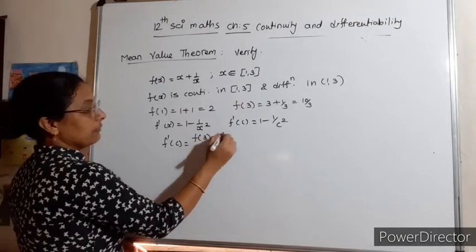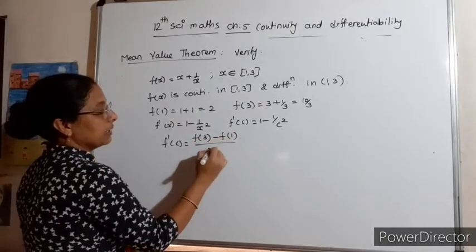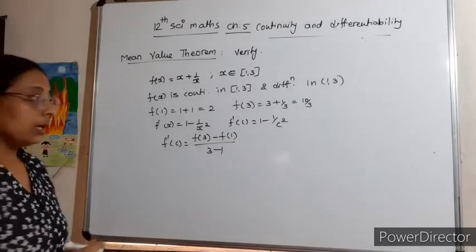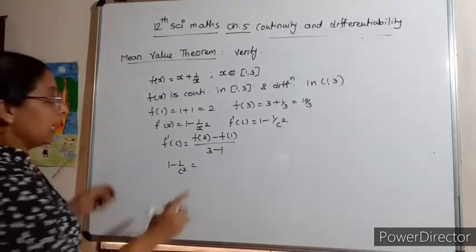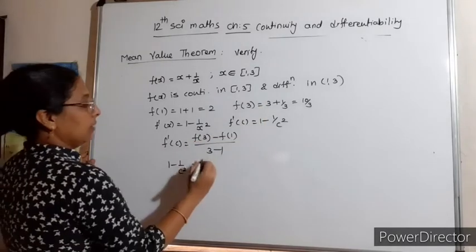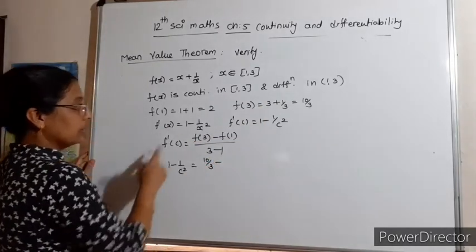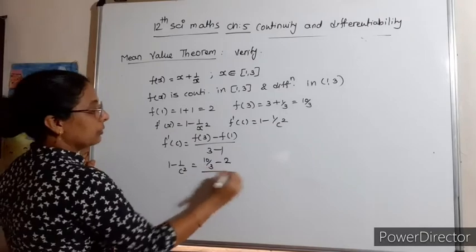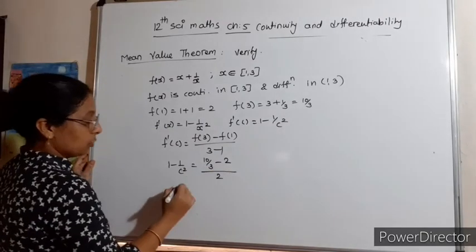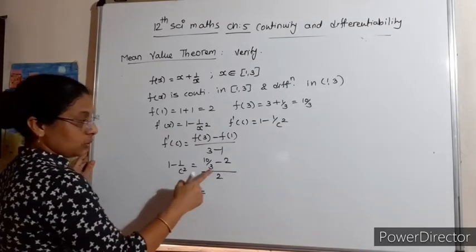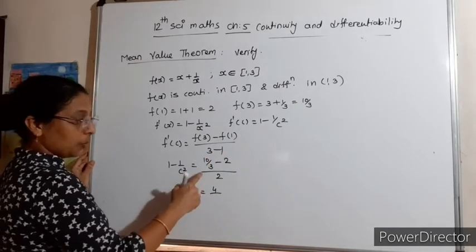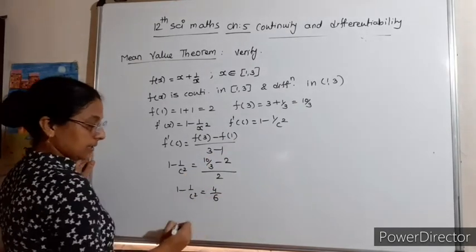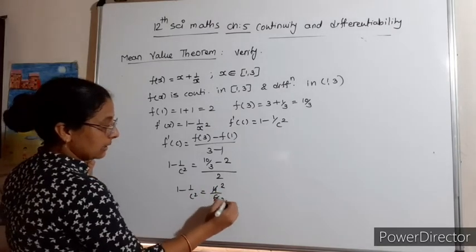So we write f of 3 minus f of 1 upon 3 minus 1 equals 1 minus 1 upon c square. f of 3 is 10 by 3, f of 1 is 2 upon 2. So 3 twos are 6, 10 minus 6 is 4, upon 3 नीचे जाएगा 6. So here 2 by 3.